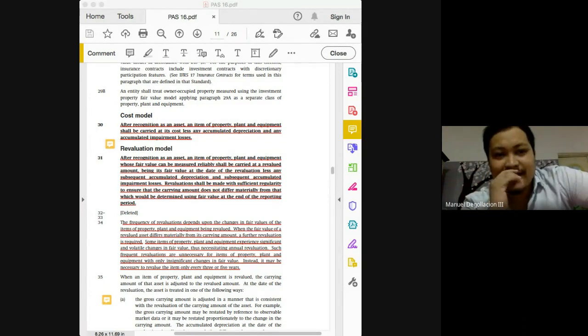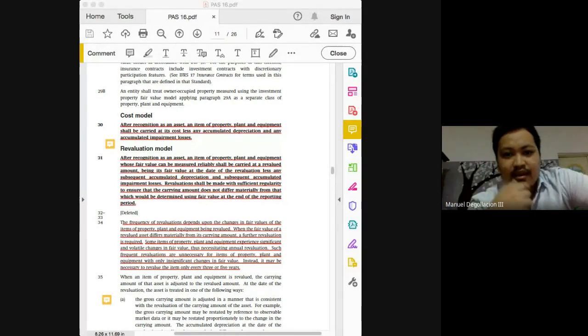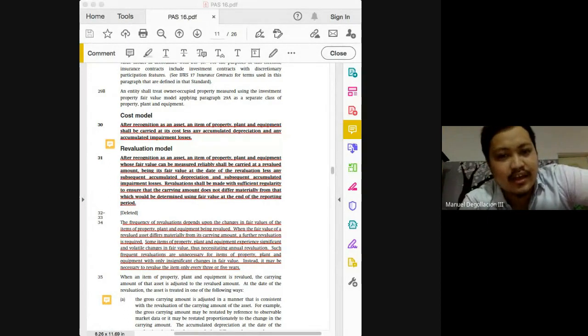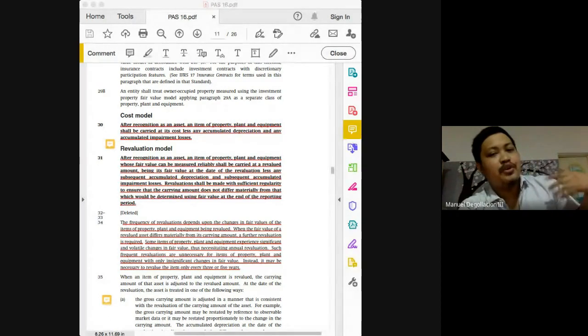Okay, but nonetheless, if you're asked what should you do or how should you maintain the account of a PPE that is subsequently measured using the cost model, then the answer is to carry the asset at its cost less any accumulated depreciation and accumulated impairment losses. So meaning, supposedly, if you're using the cost model class, the historical cost will serve as the carrying amount of the asset.